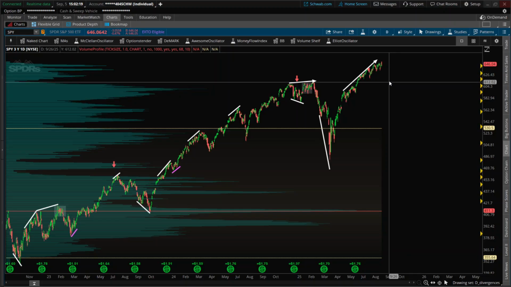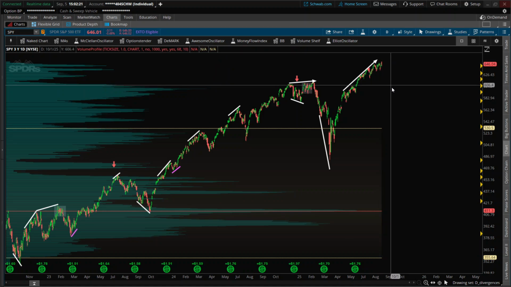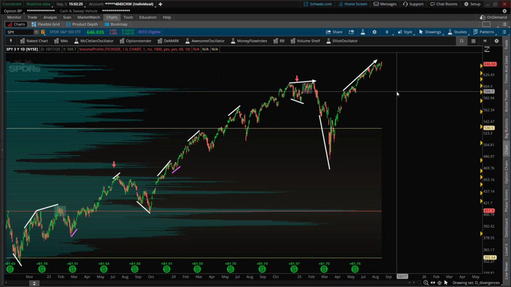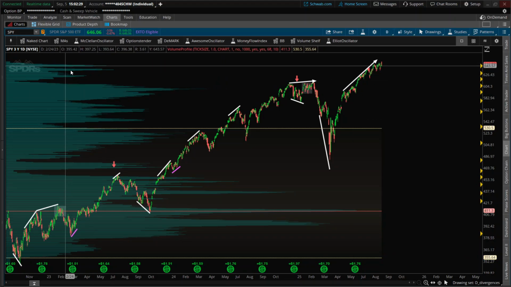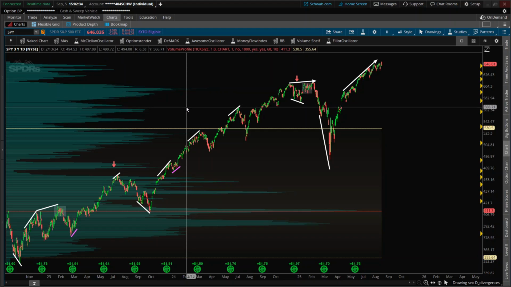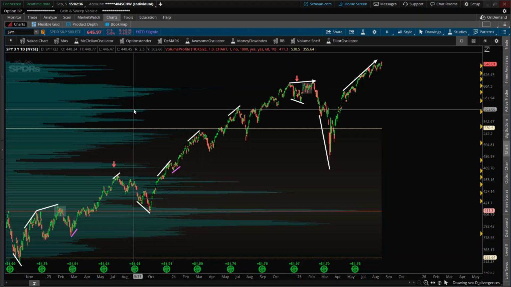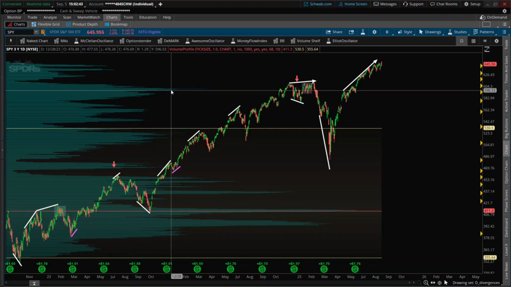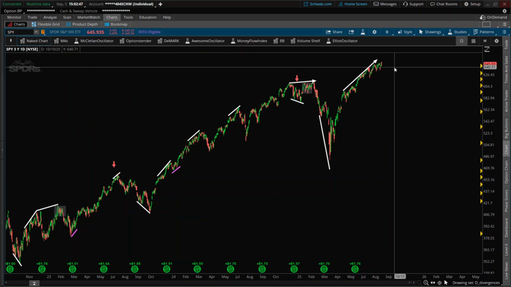Maybe we get a solid bounce from there, but we should see an impulse wave down to likely the 600 area, and we'll go from there. That's what the volume shelves will tell us. And obviously, if it breaks down lower than that, you have different gaps, shelves with gaps here that can move pretty quick, and a lot of times you'll protect those gaps and bounce off of them, but we'll see what price gives us.